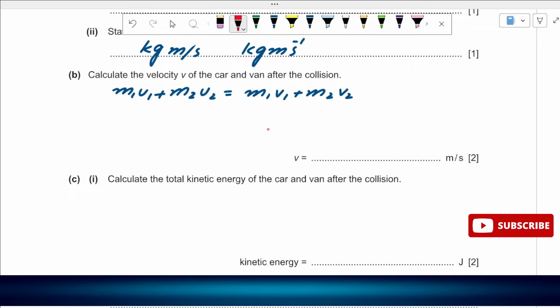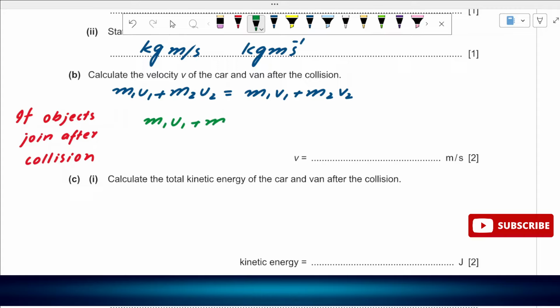If the objects join after the collision, the same expression can be adapted as m1 u1 plus m2 u2 equals m1 plus m2 times v.